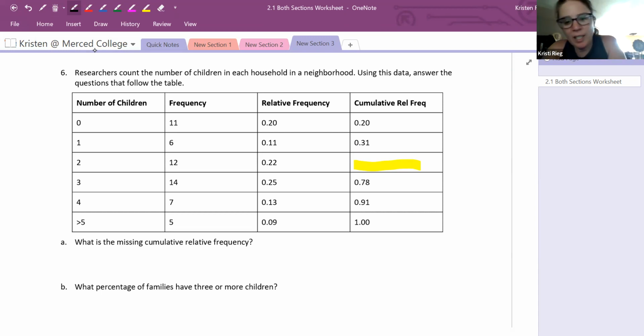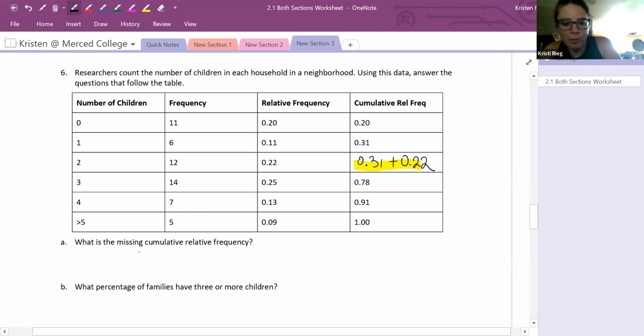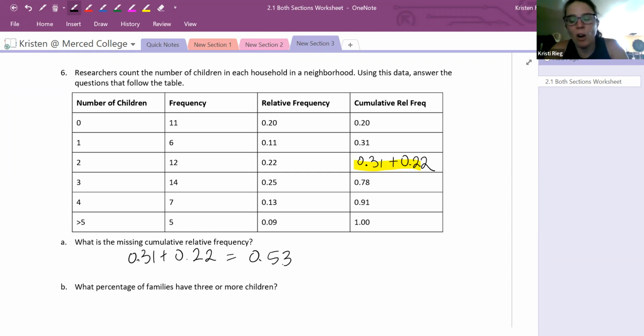The way we would calculate it is we would take the row above it and we would add on the row that we're in. So then the answer would be, well, let me write it out where the problem is. The answer would be 0.53 as a decimal. It does not say what percent, it just says to find the missing value, and all the values on this table are in decimals, so I'm just going to leave it like that.